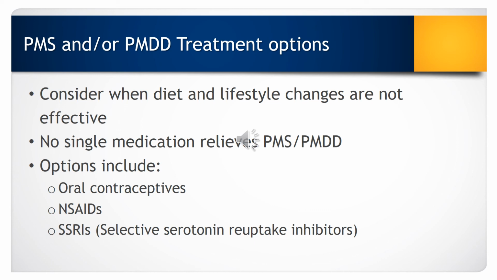And for women who have PMDD, which is strongly related to severe affective mood type of changes, SSRIs, or selective serotonin reuptake inhibitors like Prozac or Zoloft or Paxil may be beneficial for these women as well.